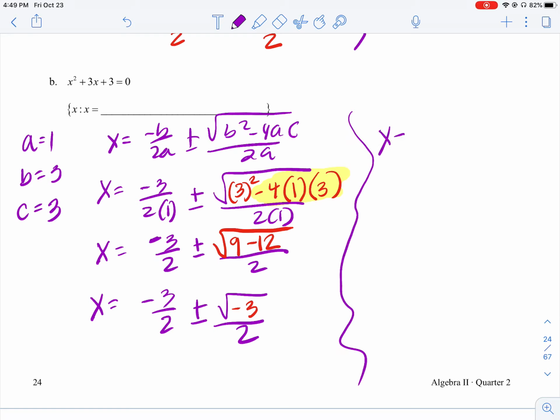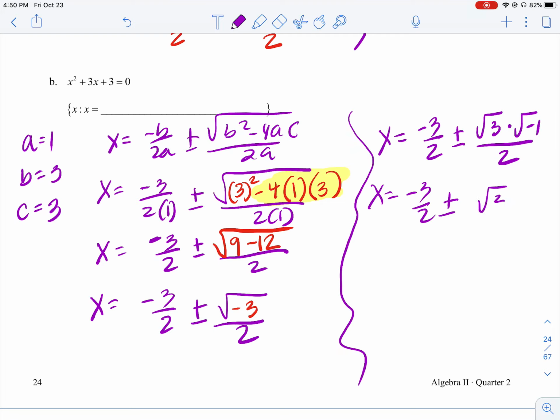So here we have x equals negative 3 over 2, or 1.5, it doesn't matter, plus and minus square root of 3 times square root of negative 1, over 2. Because I have a square root of negative 3, I have to take out the negative on a separate square root. We learned in the previous lesson that the square root of negative 1 is i.